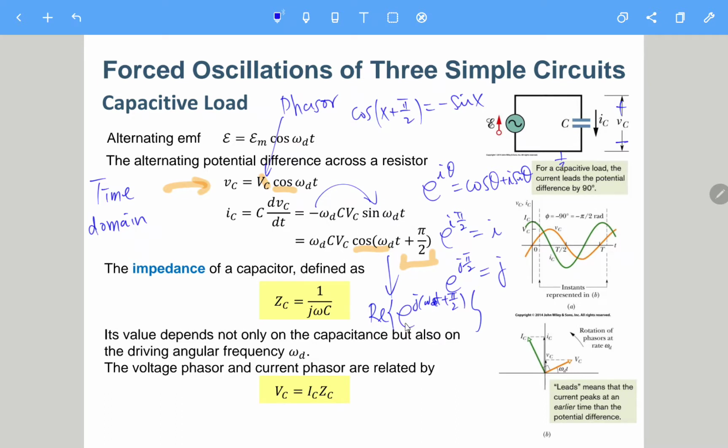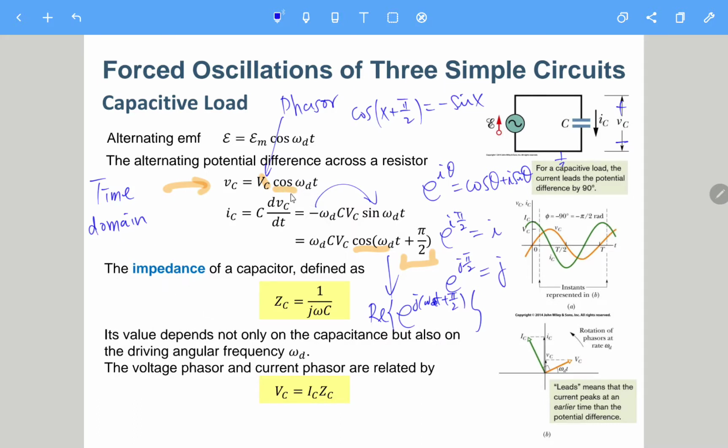So we will have this e to the j pi over 2 here, which is actually j. And here we consider that V over I could be some sort of resistance, or generally an impedance.